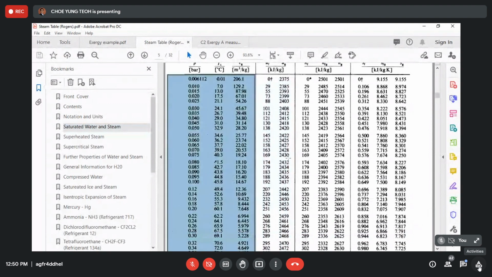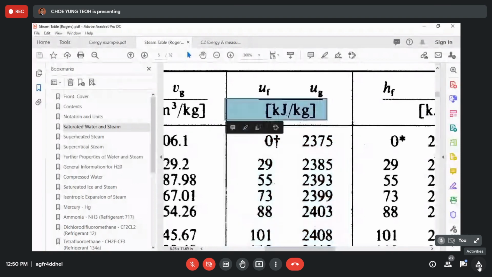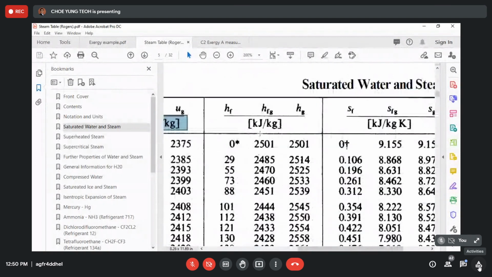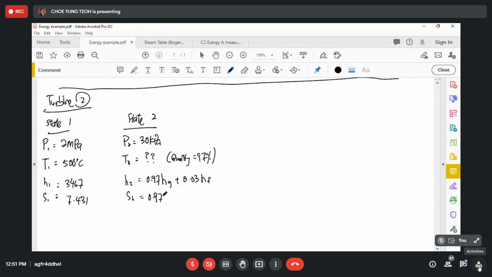What we need to do, you can see that we have uf and ug, hf and hg. So it means that now 97% of the wet steam is hg, and 3% is hf. In this case, I want to find h2. It means 0.97 hg plus 0.03 hf, which is water. Same thing for entropy: 0.97 sg plus 0.03 sf.